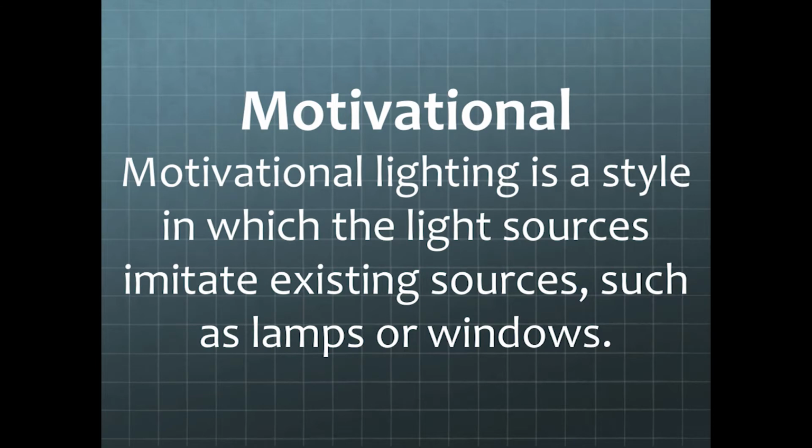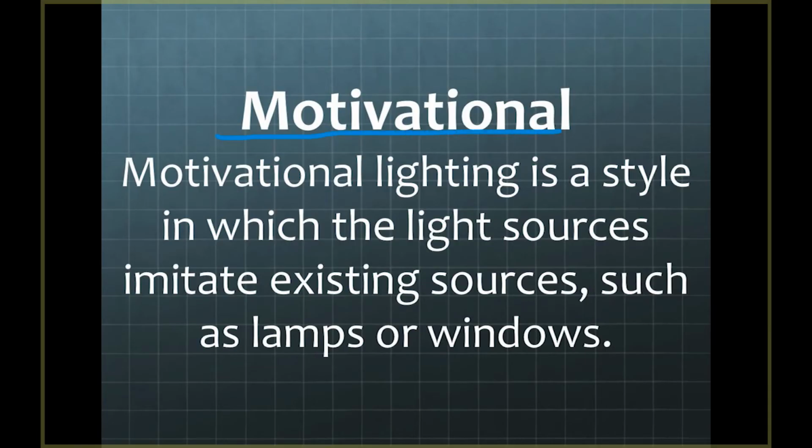Now, when you are supplementing a practical or an implied practical in a scene, that is when you have motivational lighting. Motivational lighting is a style of lighting in which the light sources imitate existing sources, such as lamps or windows.